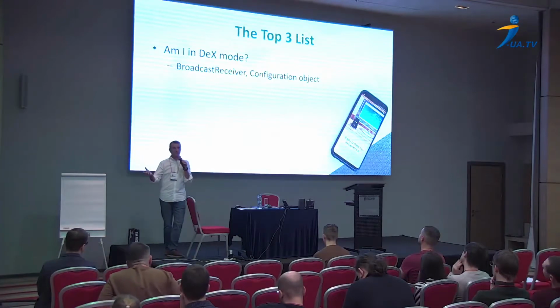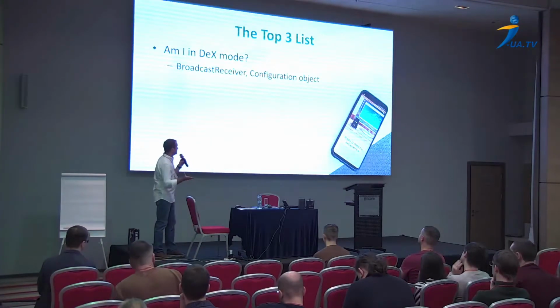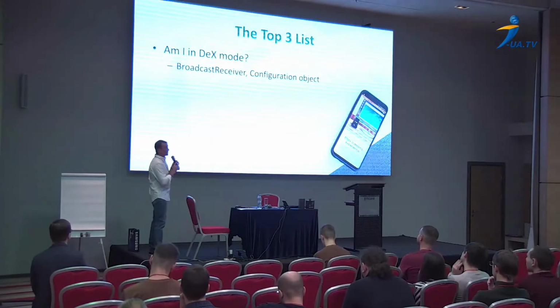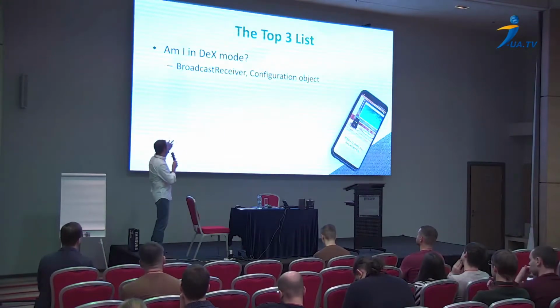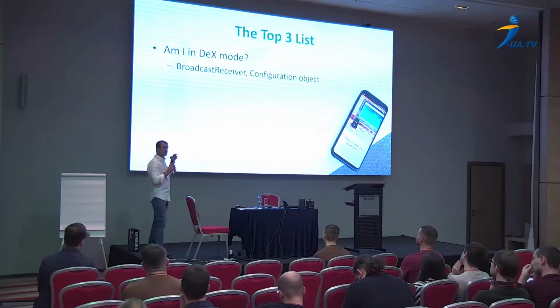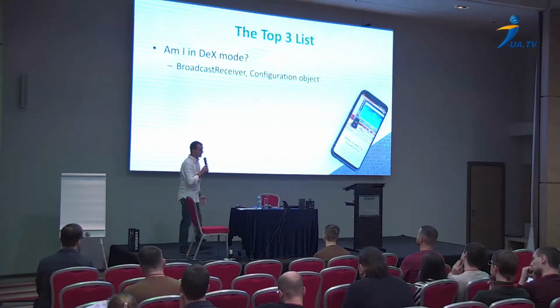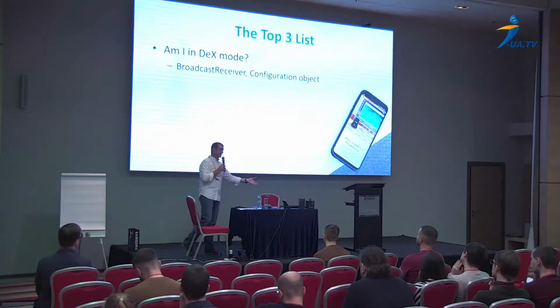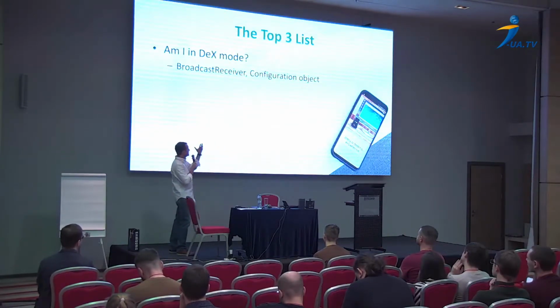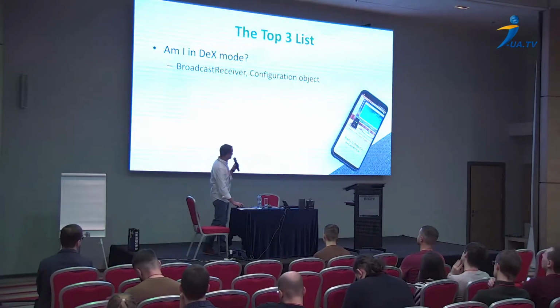If I'm in a desktop mode, then perhaps I shouldn't stop my video playback. There's a couple of ways of doing it. You can either implement a broadcast receiver and receive a broadcast every time your phone is plugged or unplugged from a DeckStation, or you can query a configuration object, Android configuration object. Again, it's from core Android API.